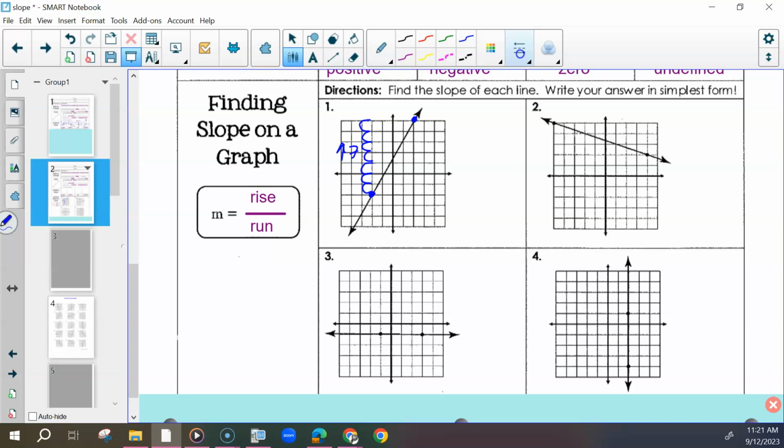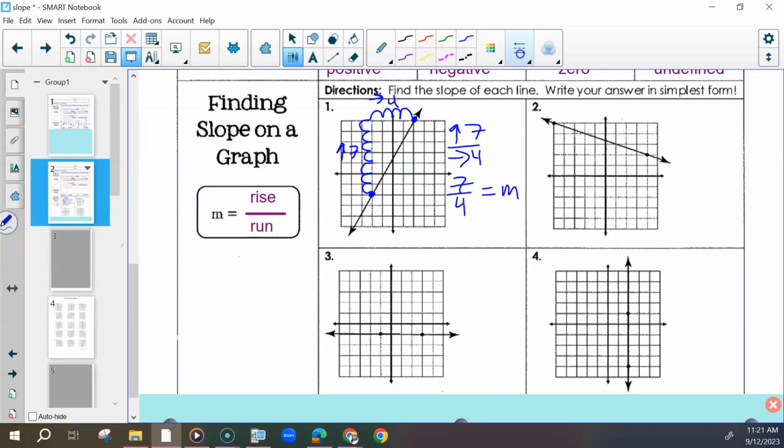And then from that point, I'm going to count how far over am I going to go. And I'm going to start writing this like this. So we went up 7, to the right 4. Up and right are both positive directions, so that means this is going to be a positive 7 units.